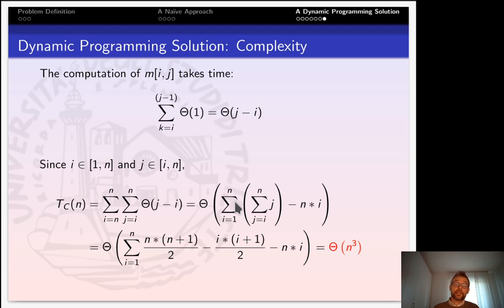We discovered that trying to enumerate all the possible parenthesizations is not possible because we end up with an exponential algorithm, and we discovered that by using dynamic programming we are able to perform the very same task we targeted at the beginning simply by performing a theta of n cube algorithm.